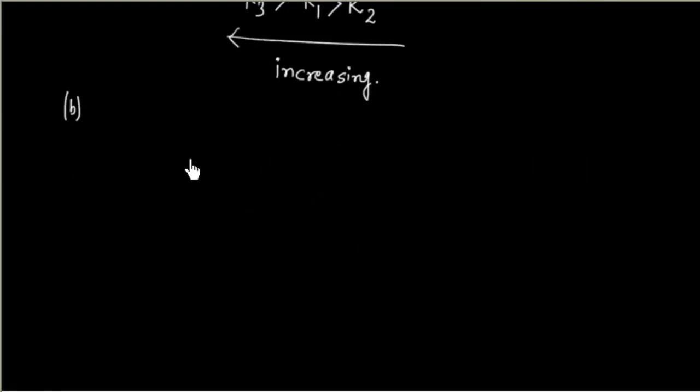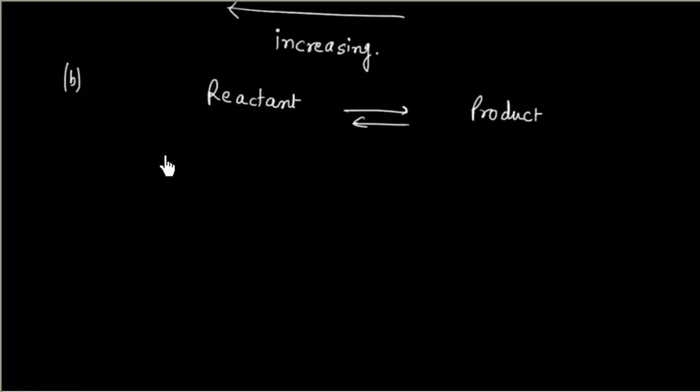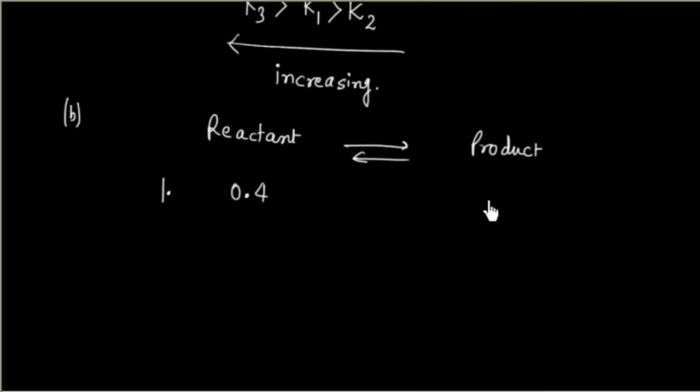So we will have reactant here, and this goes to product. 1 sphere is 0.1 mole, so 4 spheres will be 0.4 mole in reaction 1, and on this side we have 6 spheres, that is 0.6 mole.